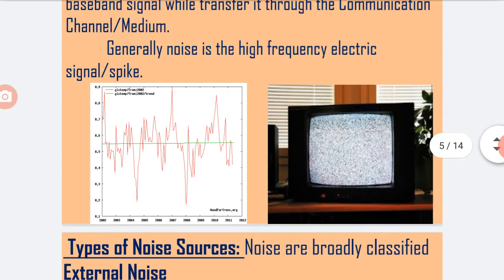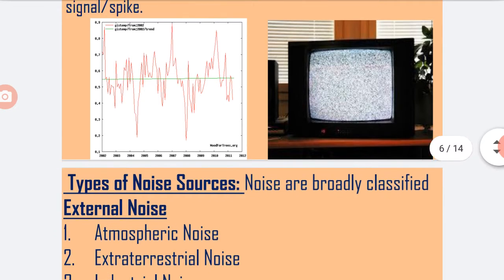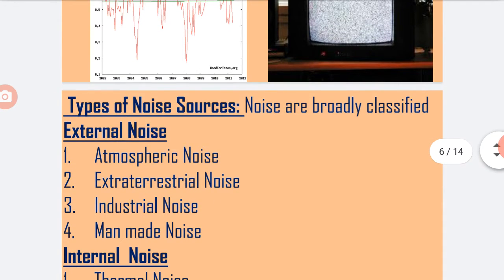Here you are seeing a noise having spikes of high frequencies. There is noise in TV also. Look at the black and white TV showing this type of noise due to distortion in the signal. These are some examples of noise.